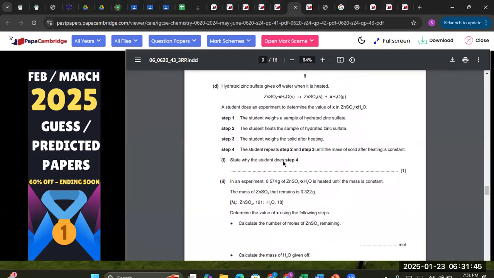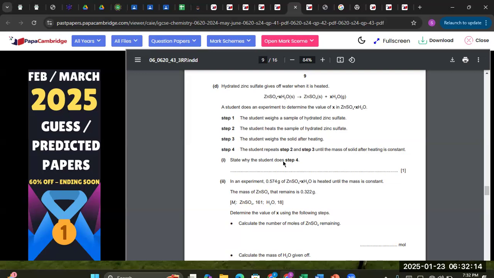So they're telling you that the crystal was 0.574, and when you heat it and all the water evaporated away, you were left with a white powder that was 0.322. So they have given you the Mr of zinc sulfate and the Mr of water to make the process easy. So you don't have to calculate the molecular mass using the periodic table. They provided it to you.